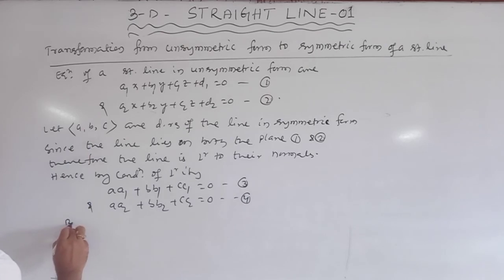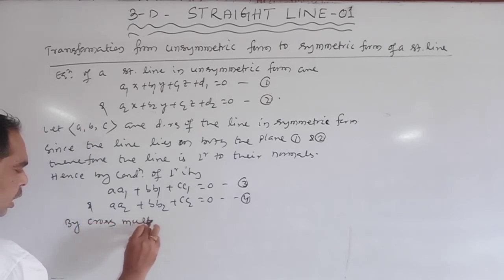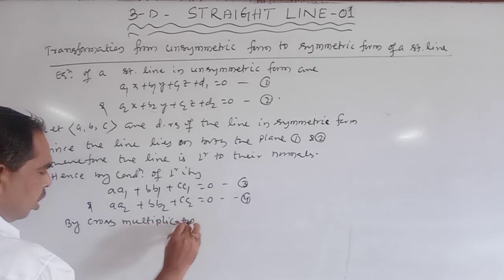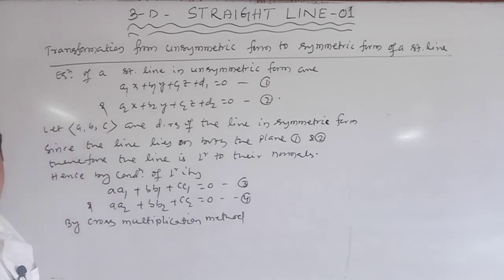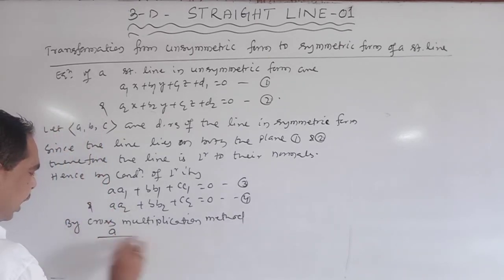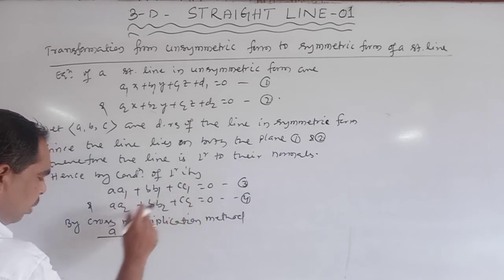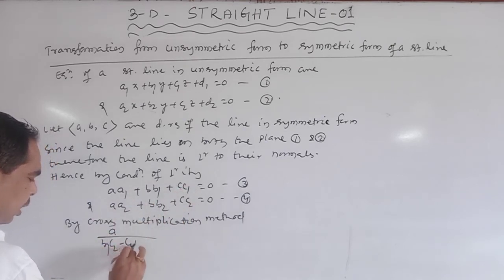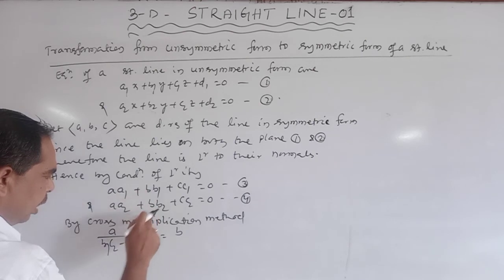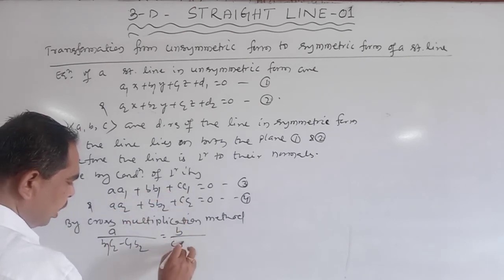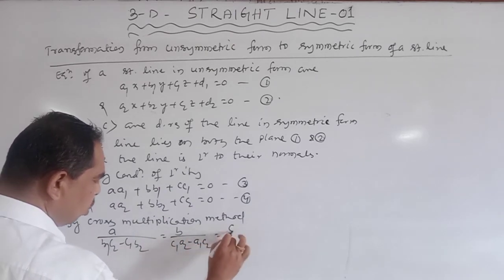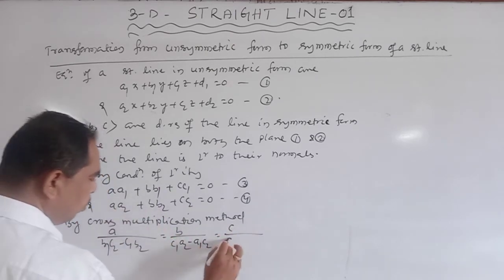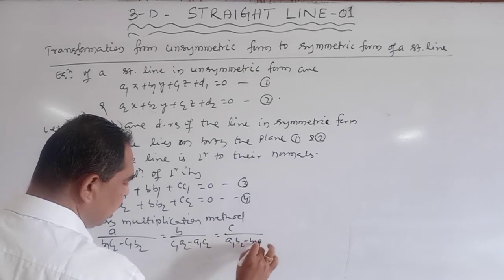By the cross multiplication method, a divided by (b1 c2 minus c1 b2) is equal to b divided by (c1 a2 minus a1 c2) is equal to c divided by (a1 b2 minus b1 a2).